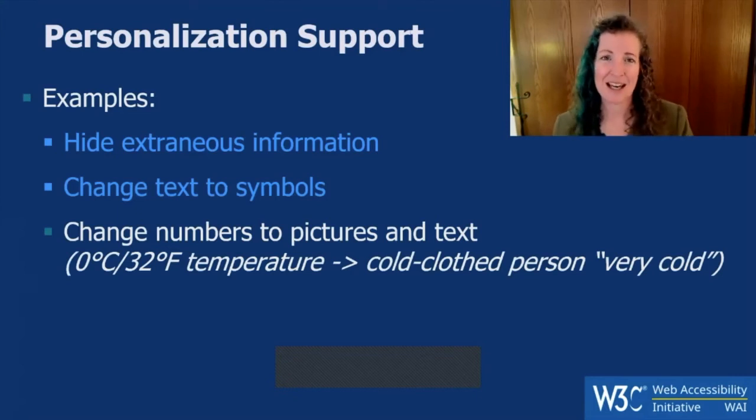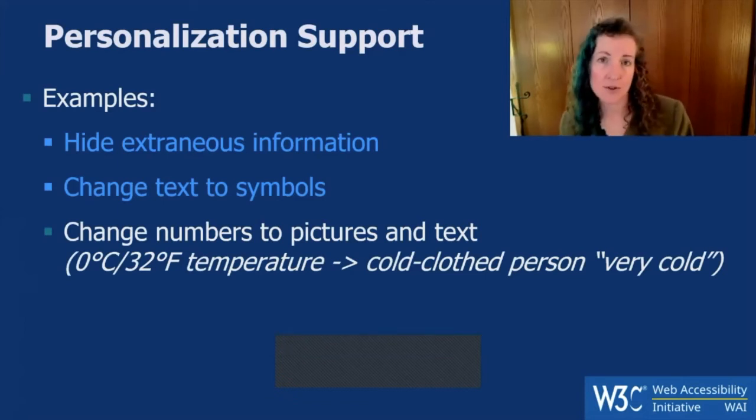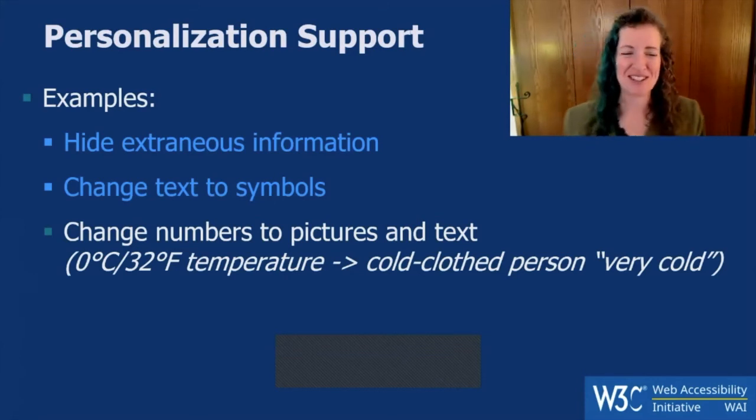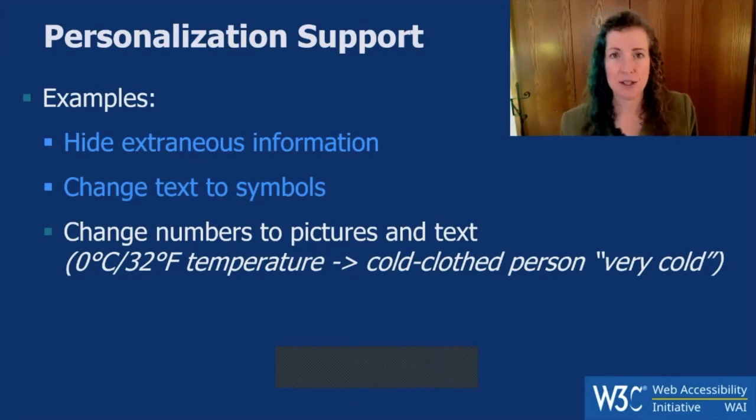Let's say you have dyscalculia, which means you have difficulty processing numbers. So you want to change the numbers into pictures, text. So for example, a website or an app may say the temperature is 0 degrees Celsius or 32 degrees Fahrenheit, but you can't process the numbers easily.